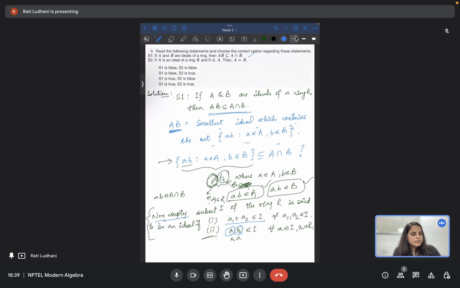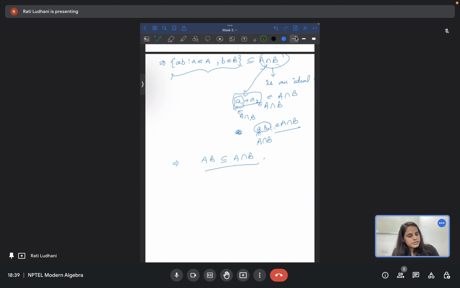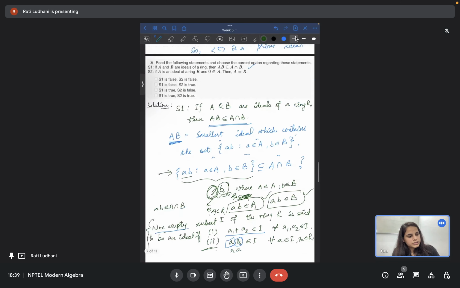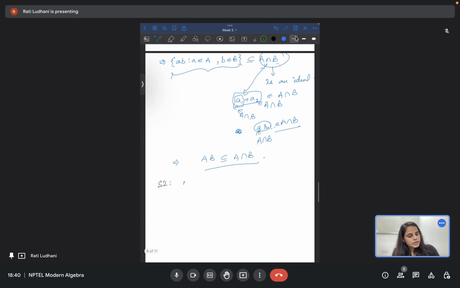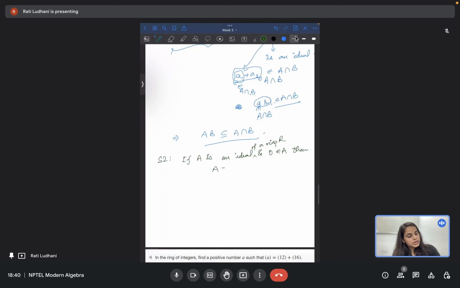What is the second statement? If A is an ideal of a ring R and 0 belongs to A, then A equals R. So S2 says: if A is an ideal of a ring R and 0 belongs to A, then A equals R, without any other condition.